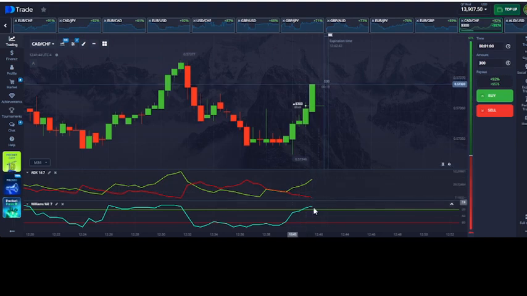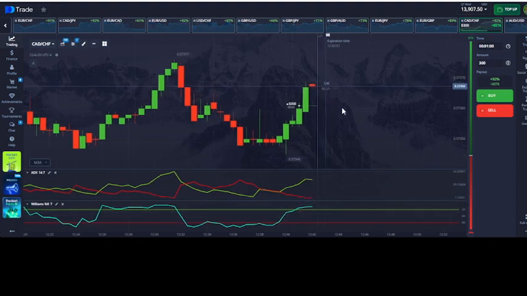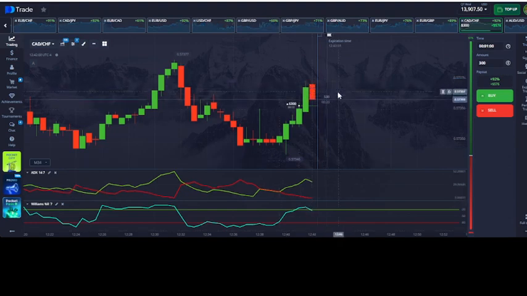That's a divergence that I'm looking for. In addition to that, the Williams Percent R line here has crossed above the -20 line in an upward direction. So these two confluences suggest a continued push to the upside over the next 60 seconds. So let's monitor this trade and wait for the expiration.